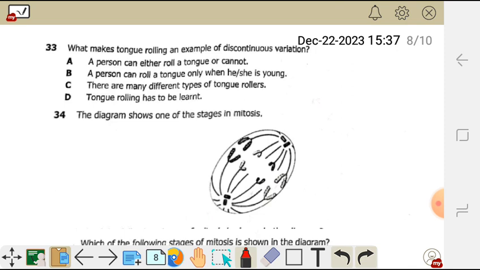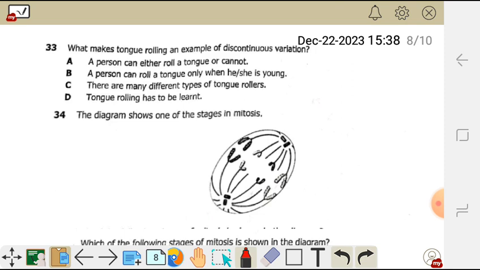So a person can roll a tongue or cannot. So that is discontinuous variation, more or less like sex, you can be a male or a female. Continuous variation is like height.